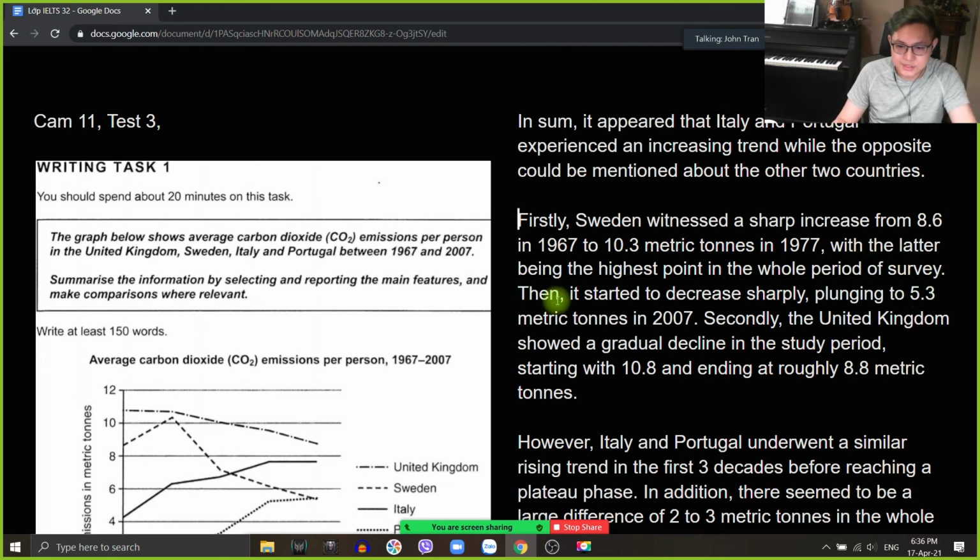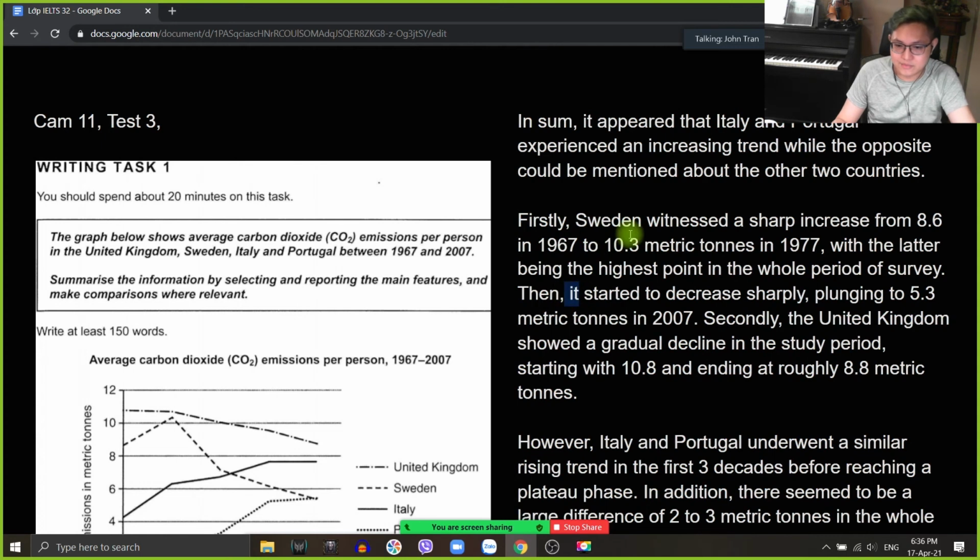Then it started to decrease sharply, plunging to 5.3 metric tons in 2007.